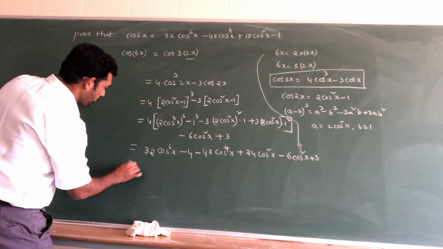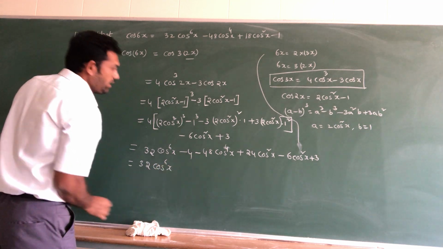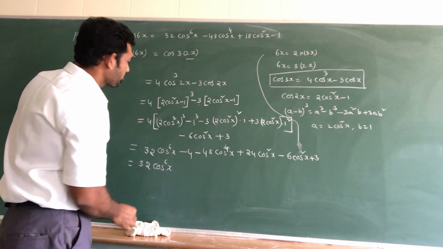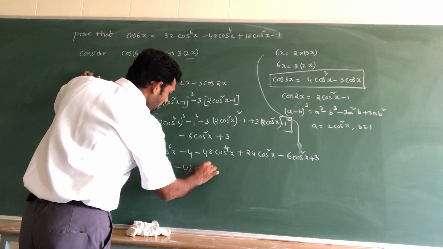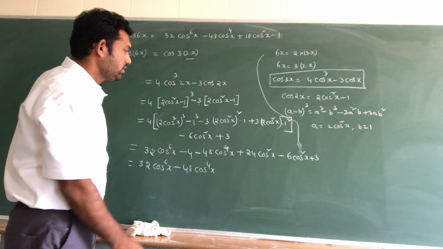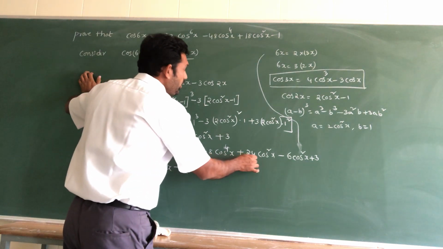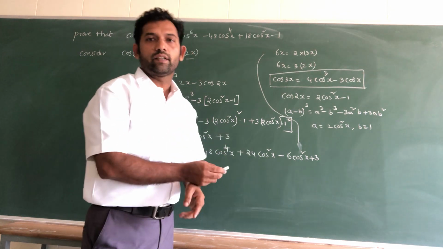So 32 cos^6 x, again minus 48 cos^4 x, in that order. Next, 24 cos square x is there, minus 6 cos square x is there.